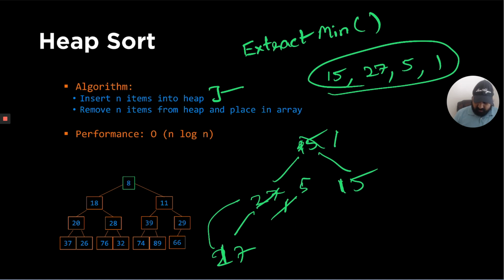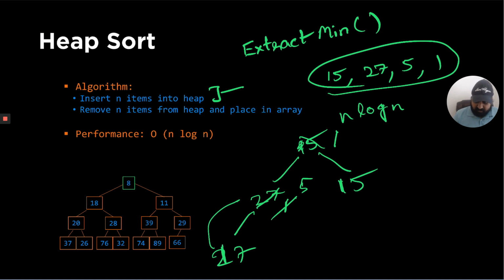So inserting all these elements into a heap, if we have n elements, it will take log n time for each element to be inserted. So the total time will be n log n.